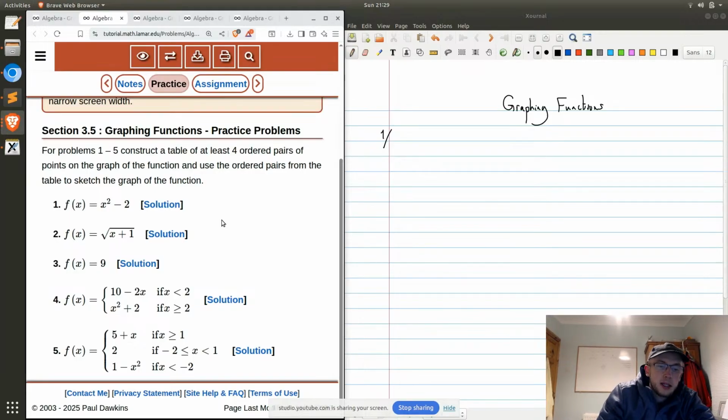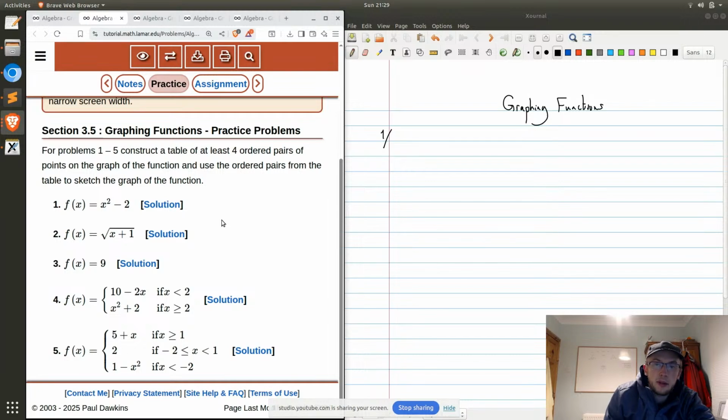It's going to have the shape of a parabola, like a U shape, opening upwards. It's going to be symmetrical down the middle, and it will be translated 2 units downwards from the origin.